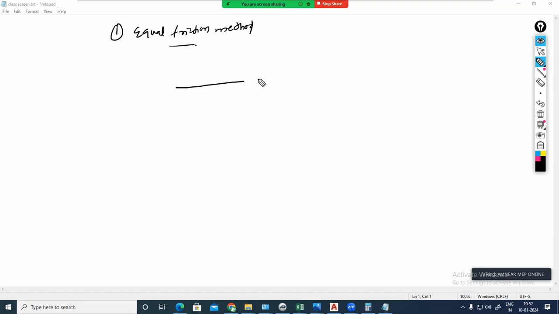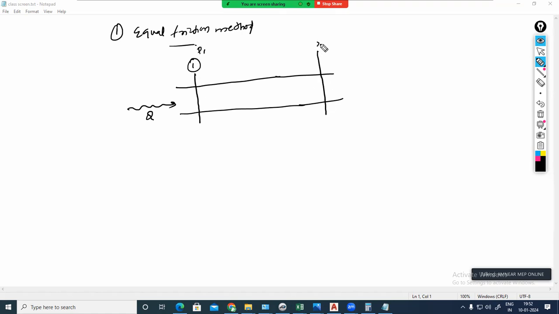See, when the air is flowing through the duct system, same like chilled water pipe we have discussed, let's say this is my region number 1. Here I am having a pressure P1. And this is my region number 2. I am having a pressure P2. So this duct is having a cross-sectional area.